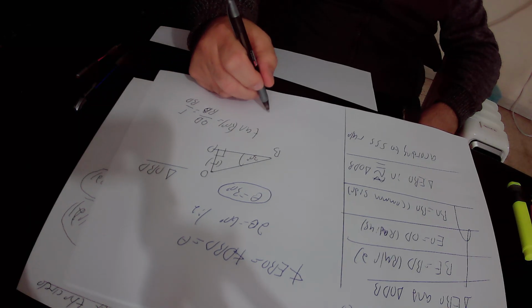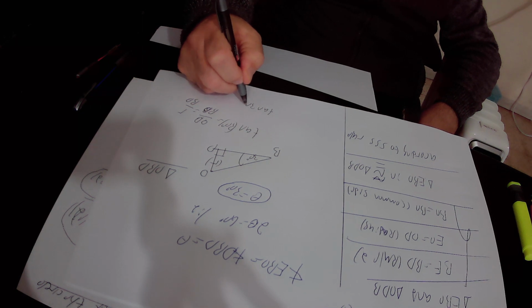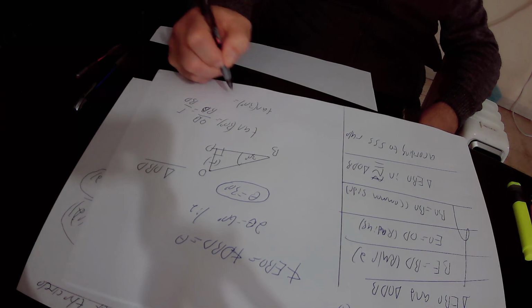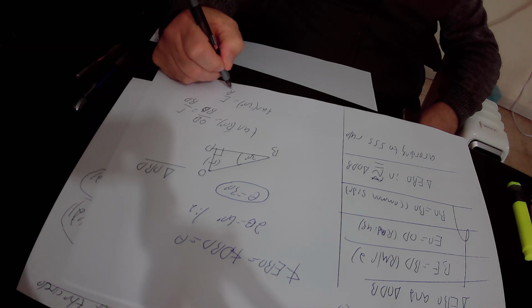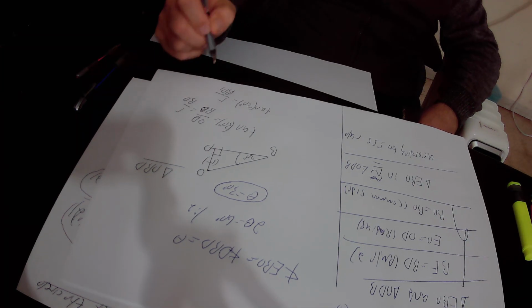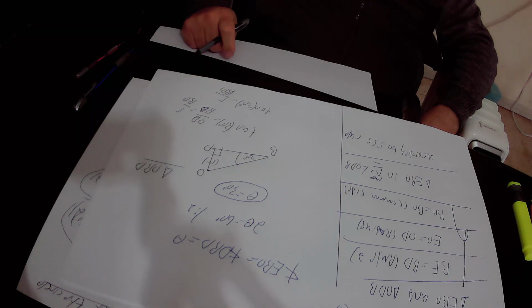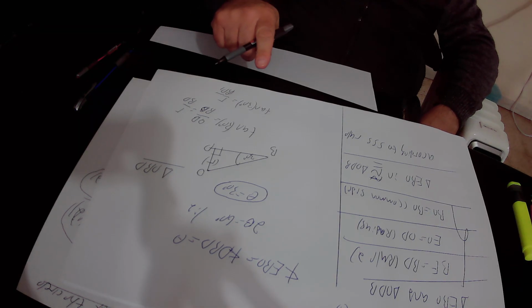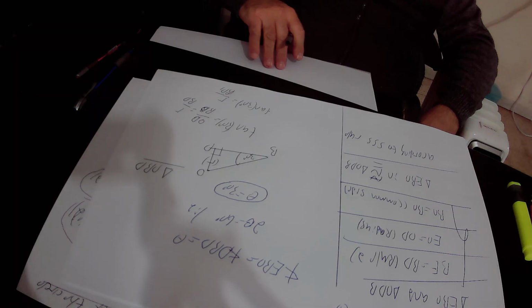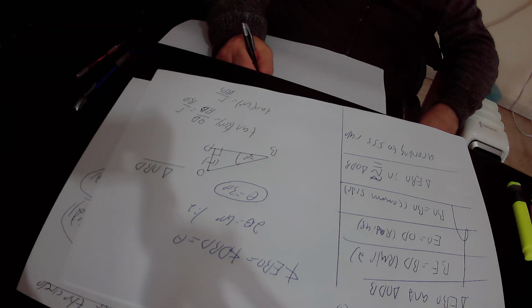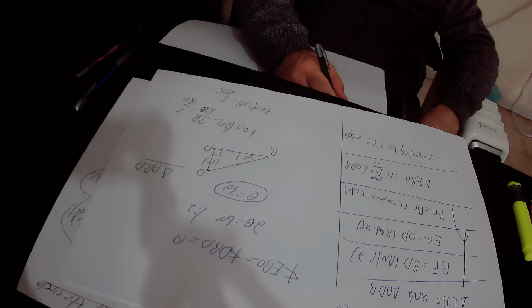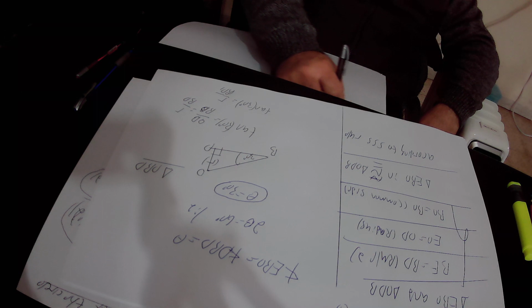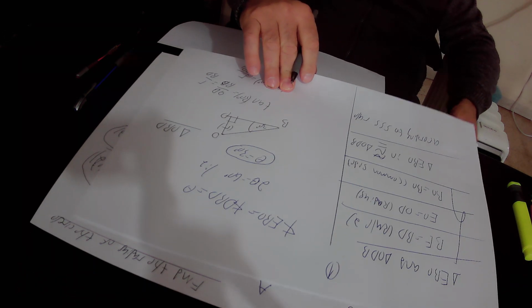In conclusion, we found out that tangent 30 degrees equals R over BD. Here we will multiply this equation by BD and then divide it by tangent 30 degrees, and finally we will get that BD equals R over tangent 30 degrees. Repeat again.